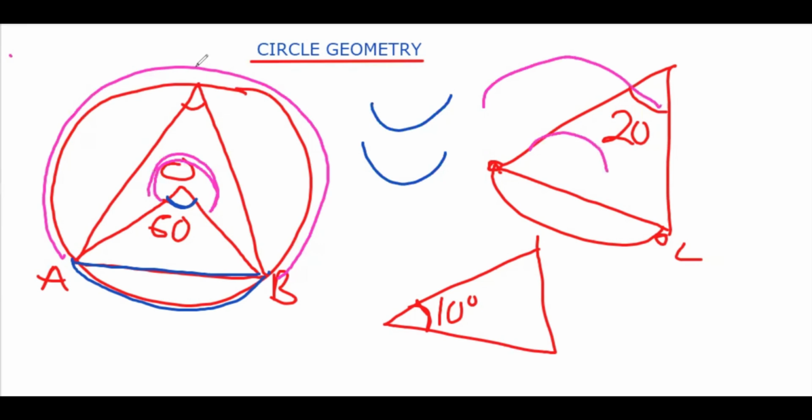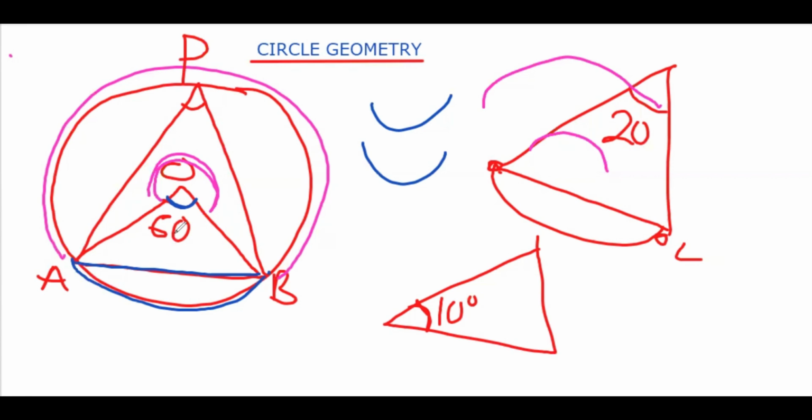So in this case, since it is arc AB that sustains 60 at the center, the same arc sustains the angle at P, and the one at P will be half of the one at the center.